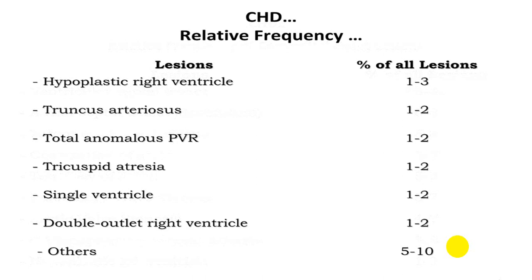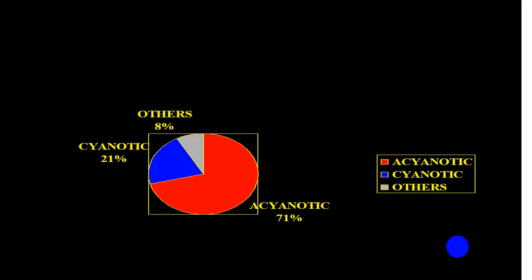Truncus arteriosus is only 1 to 2%, and tricuspid atresia, single ventricle, total anomalous pulmonary venous return, double outlet RV, etc.